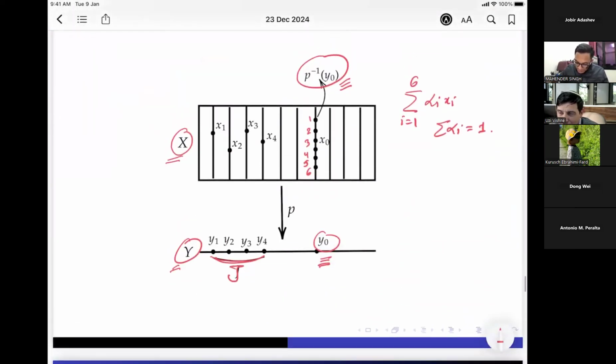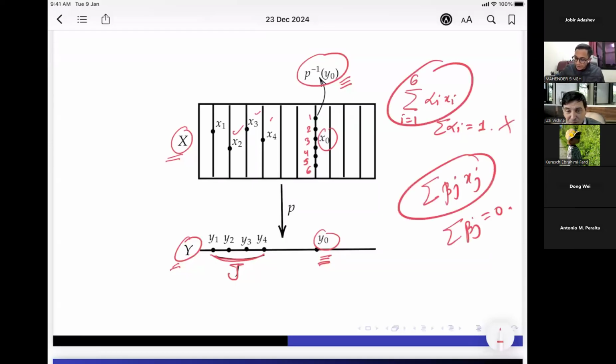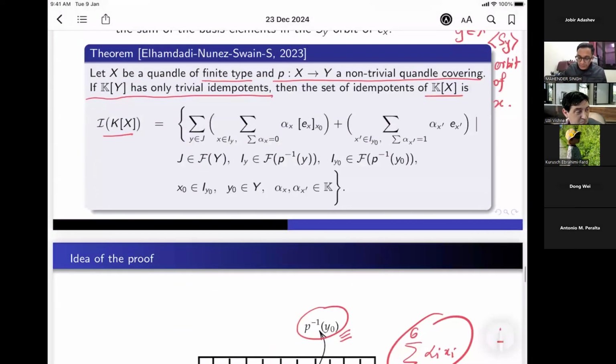Similarly, from the other fibers, you take a full orbit under the same point whose image lies in the fiber, namely the point x_0. And take their sum, but not the convex sum in this case. In this case, it is the summation of beta_j x_j, where the summation of beta_j is 0. It turns out that this sum plus the previous sum is an idempotent. And that is what this expression is telling.